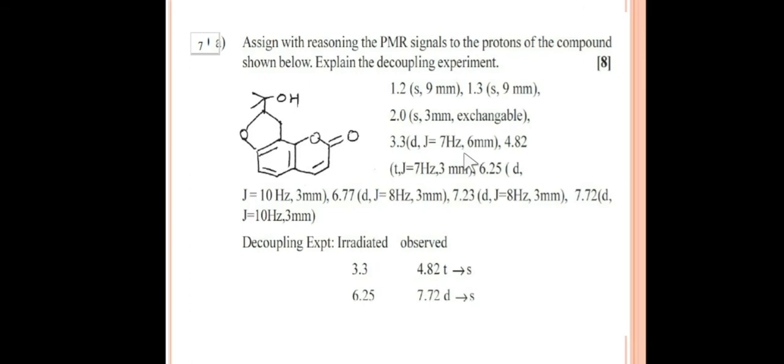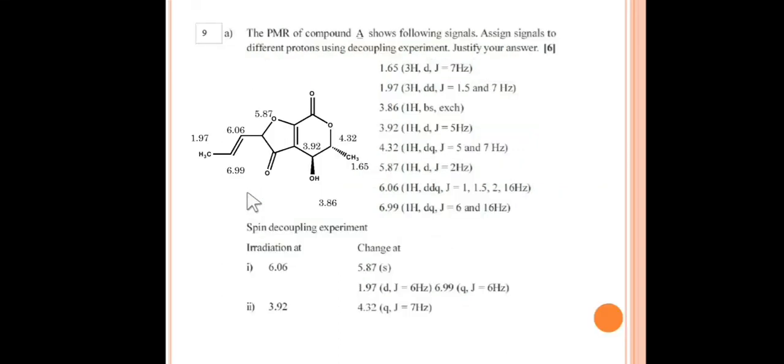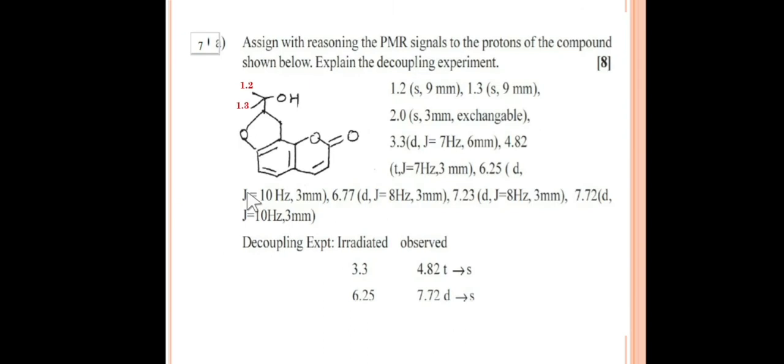If you closely observe, 3 mm is 1 proton, so 9 mm is 3 protons. So the first two signals are of CH3, 1.2 singlet 3H and 1.3 singlet 3H. That means these two CH3s are there in the compound. So the first two signals are associated with these two methyl groups. Let's assign 1.2 and 1.3 to these methyl groups.